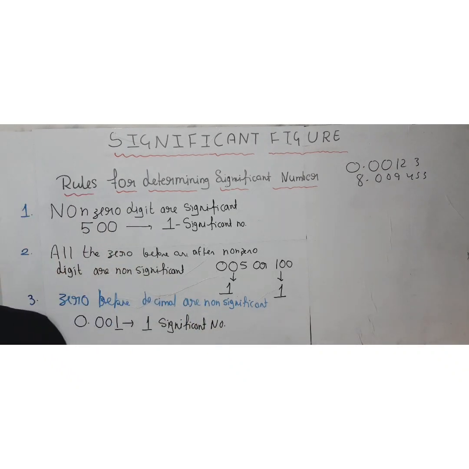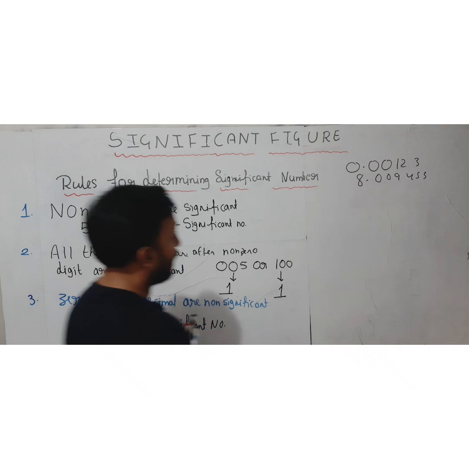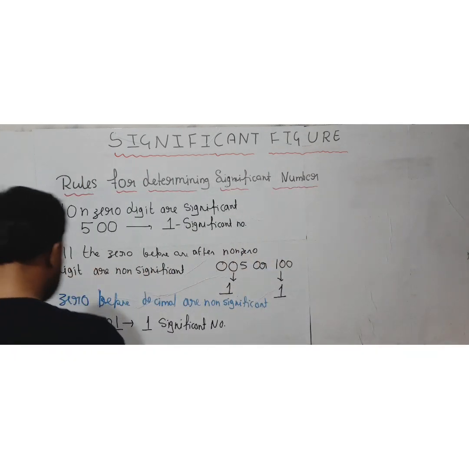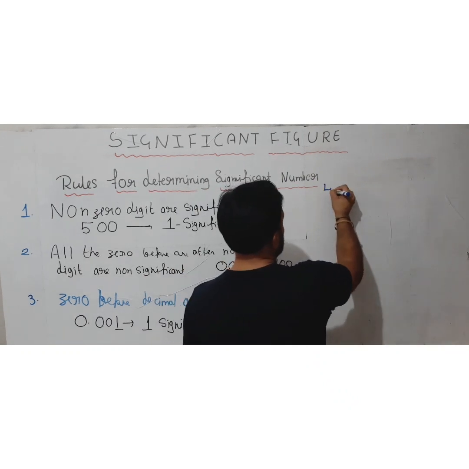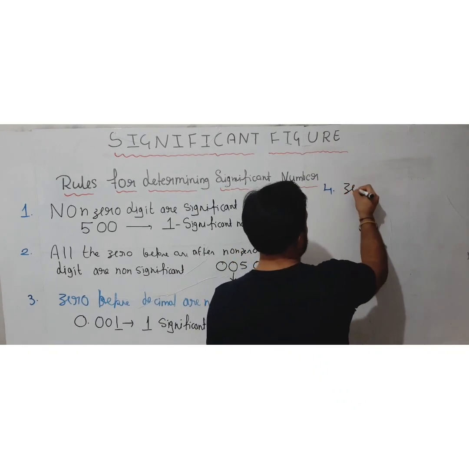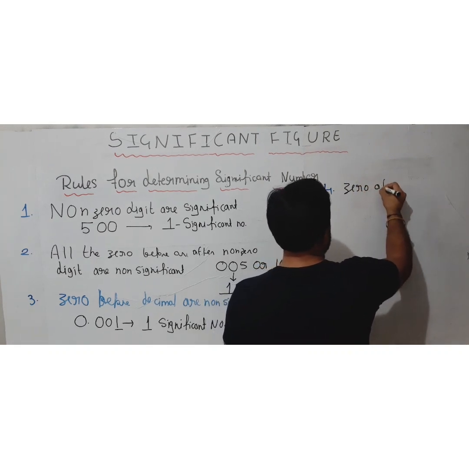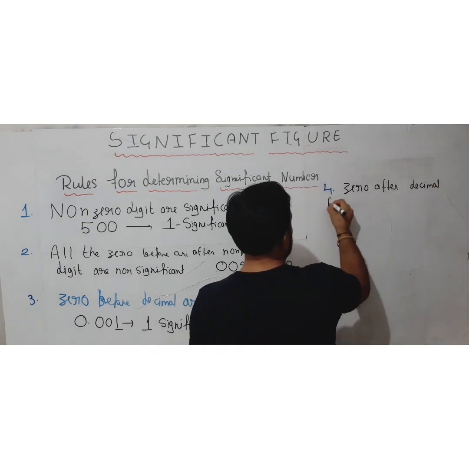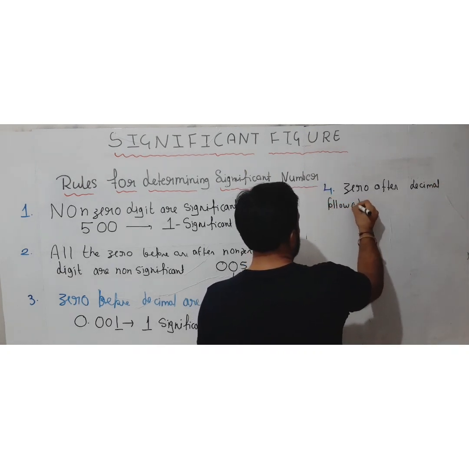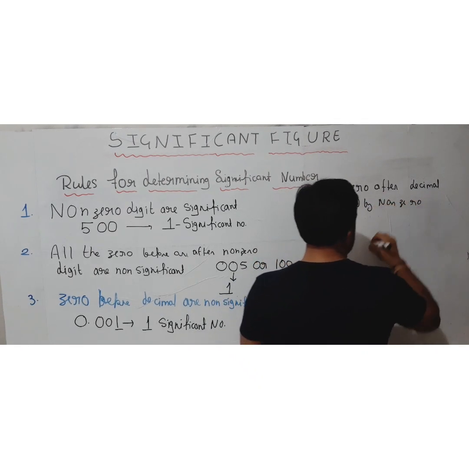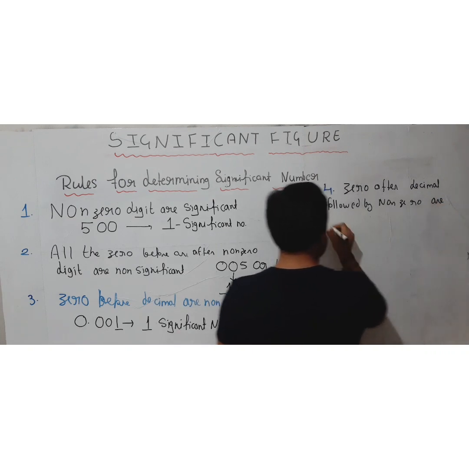Now one more thing, that is zeros after decimals. Okay, the next rule is there, that is the fourth rule. Zeros after decimals, followed by non-zero, are significant.